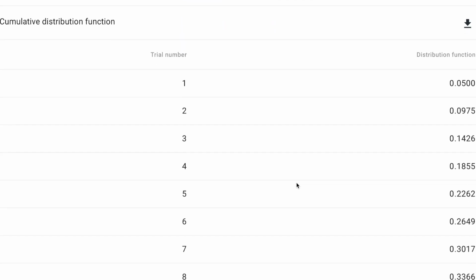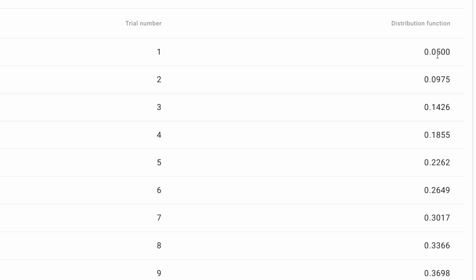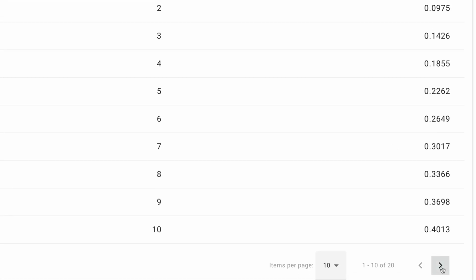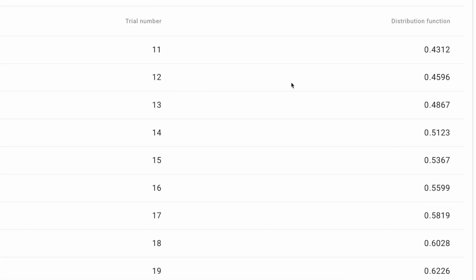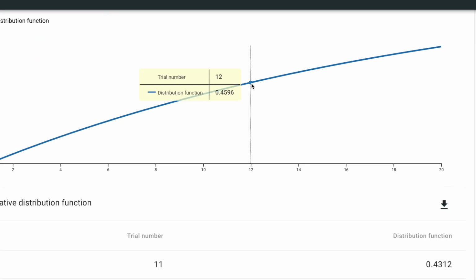As you can see here, for instance, the cumulative when X is 1 is 0.05. Then we add it for when it's 2, and we keep adding until we reach 10. And when we reach up to 12, it's going to be 0.4596. At 12, we expect the probabilities for each to add up to 0.4596.